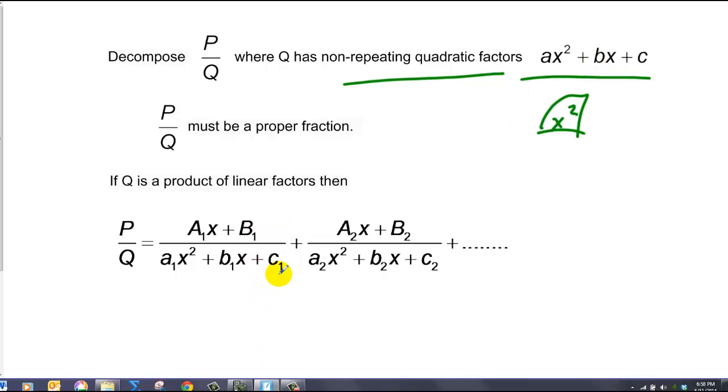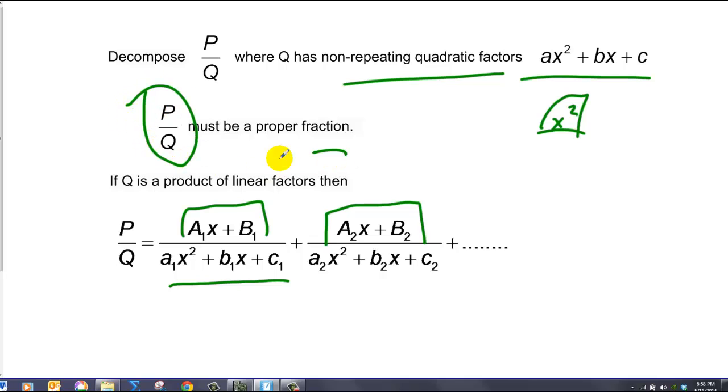So if I have a quadratic in the denominator, I'm going to have a possible linear in the numerator. And those linears in the numerator could certainly be different. Once again, though, my p over q must be a proper fraction. In other words, the numerator must have a degree smaller than the denominator. So let's do an example.